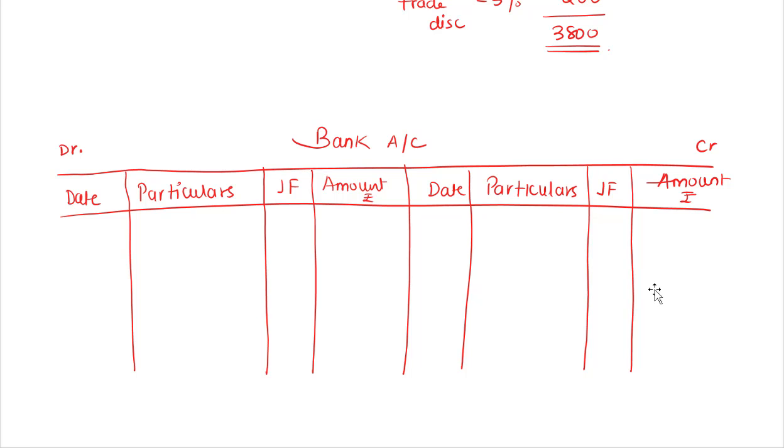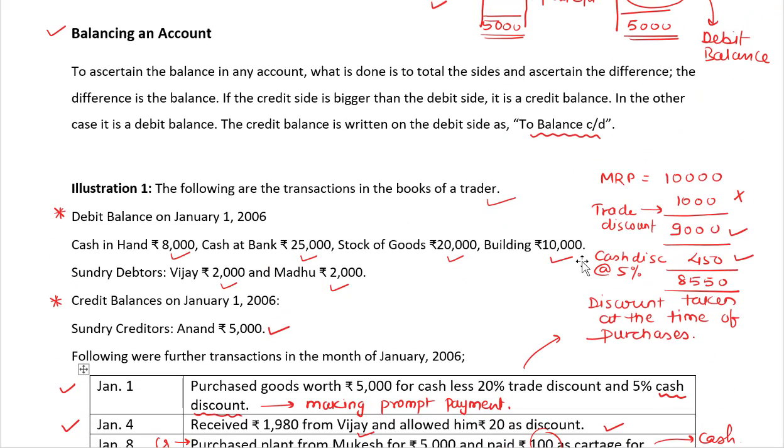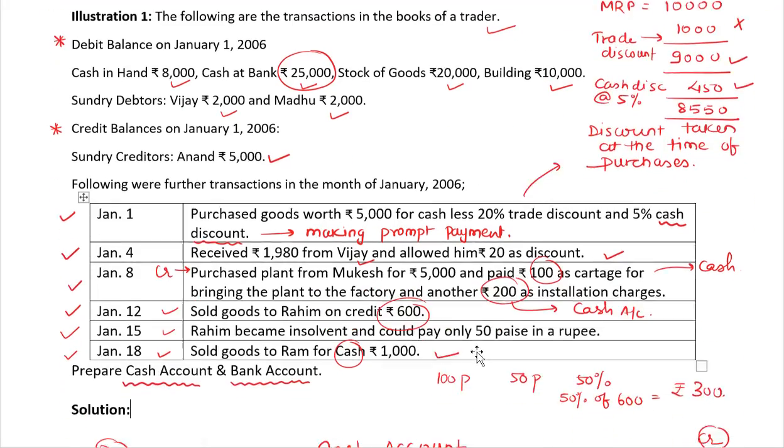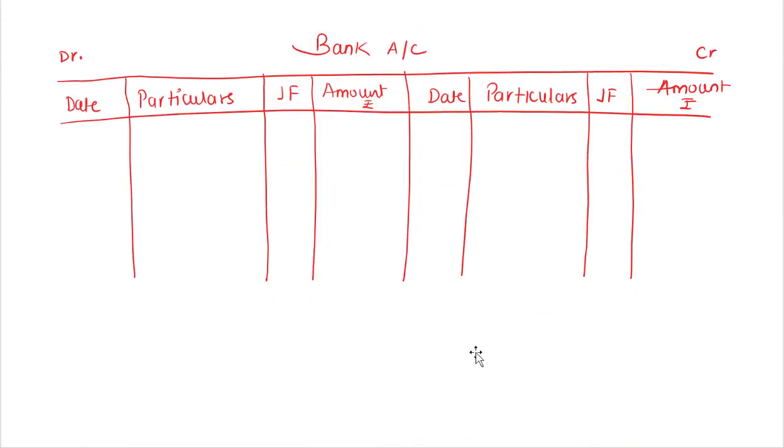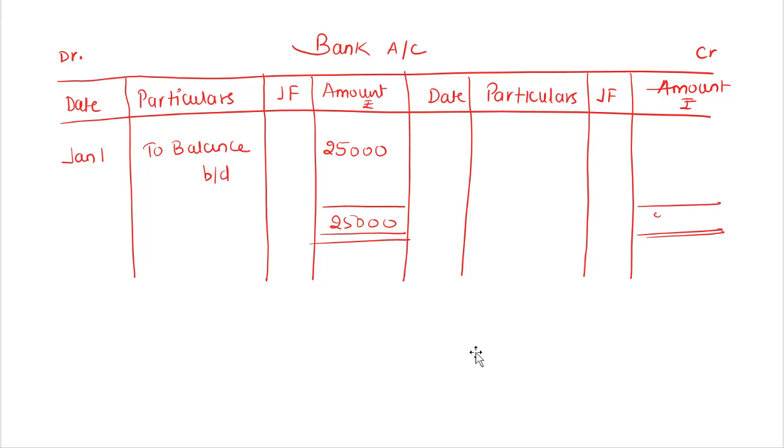Let's see the opening balance of the bank account. My dear students, the opening balance of the bank account is 25,000. So we will record on the debit side, that is January 1, to balance brought down, 25,000. We don't have any entries in relation to that, so we will close it at 25,000. We'll take this 25,000 to the credit side.